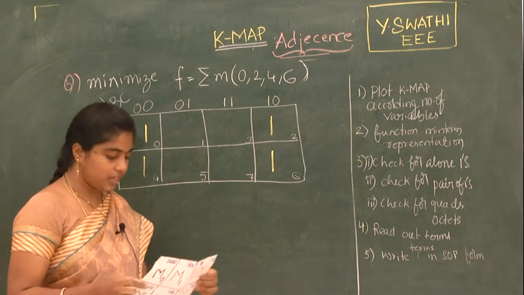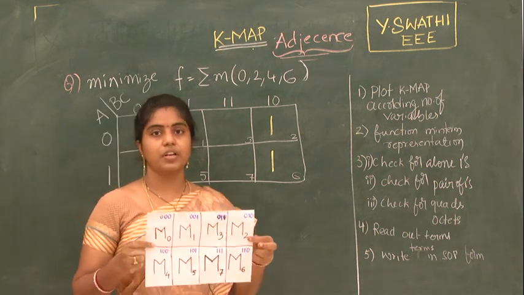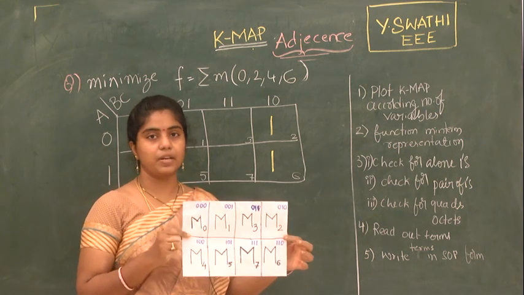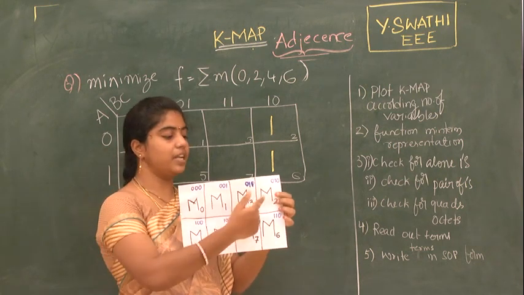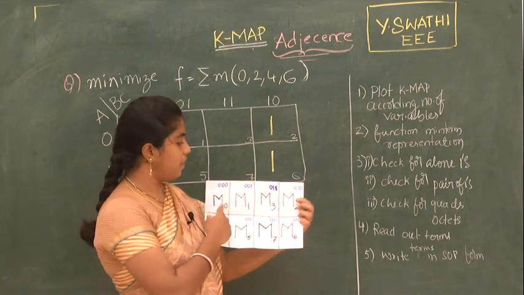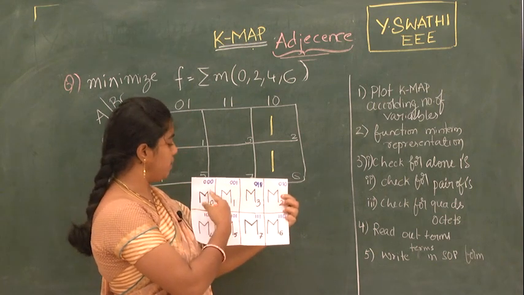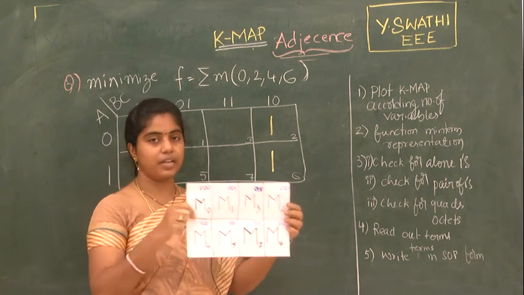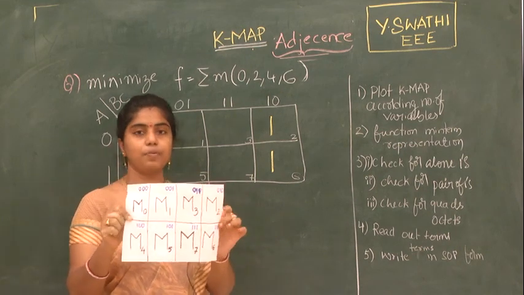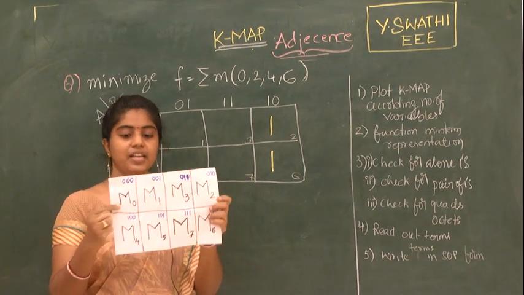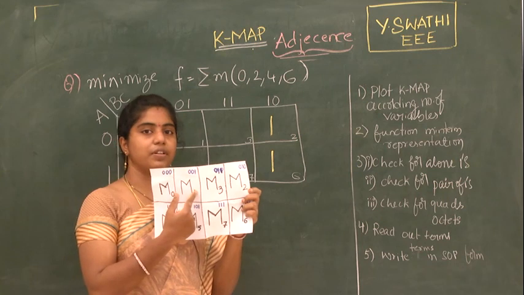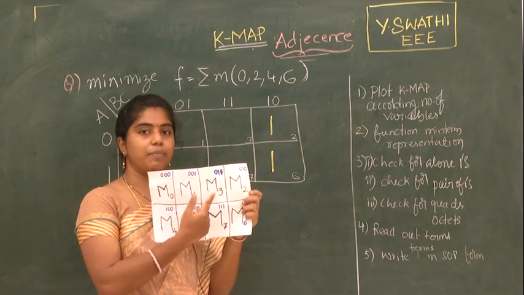See, this is the representation of your 3-variable K-map, and these are the minterm representations. I represented them with a capital M, but consider it a small m. Now, M0 is adjacent to M1, and M1 is adjacent to M3.